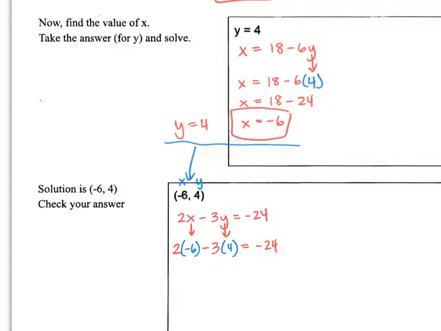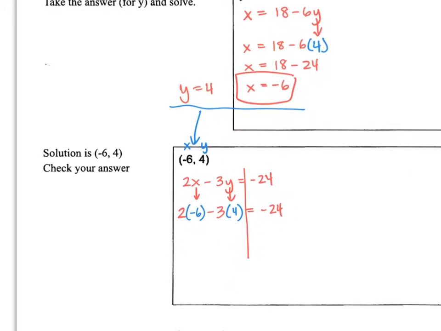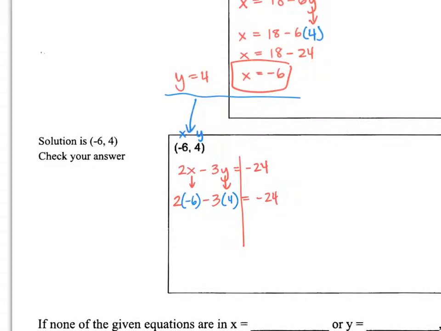And remember that the stuff from the left side should equal the negative 24 on the right side, especially if our answer is correct. If it's not going to equal negative 24, we've made a mistake, and that's not our answer. So just cross our fingers that we get the negative 24. So 2 times negative 6 is negative 12. Minus 3 times 4 is 12. Well, in your calculator, if you do negative 12 minus 12, that is indeed negative 24, and that checks out.